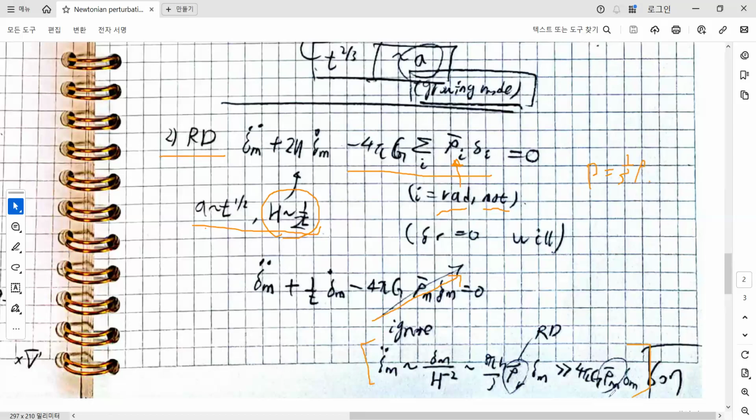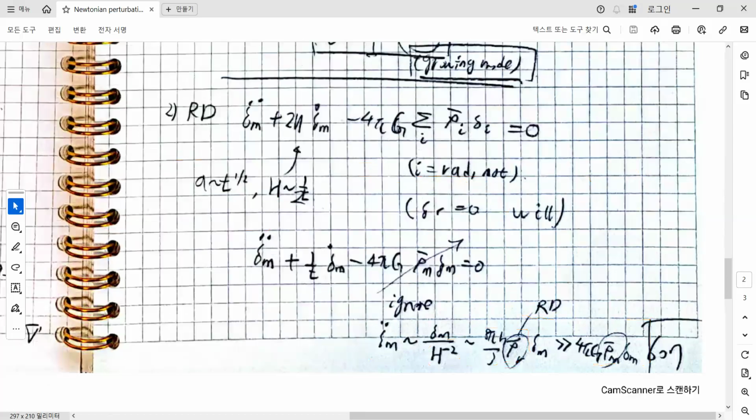So the two time derivatives of delta m are given by delta m times the Hubble unit time inverse, and the H is minus 2 given by this term with the Friedmann equation. Because this is the radiation-dominant part, rho bar r is much greater than rho bar m, and so this term is negligibly small compared to the Hubble term.